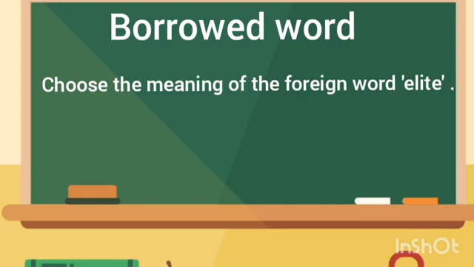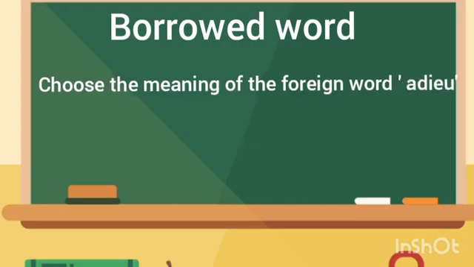For example, choose the meaning of the foreign word elite. There will be 4 options given: uneducated, the best, rural, urban. The answer for elite is the best. One more I will give you.